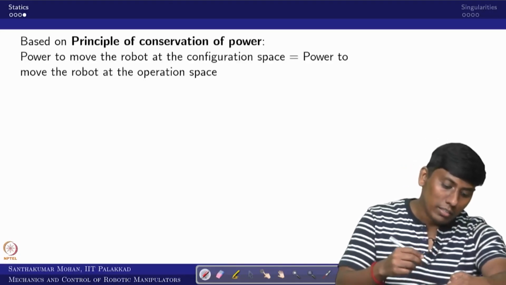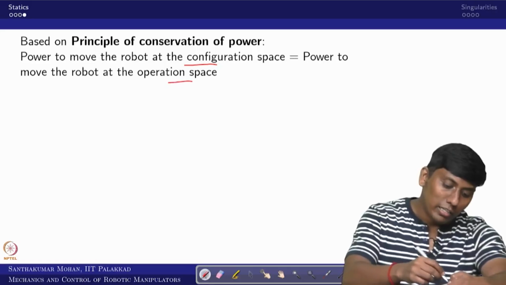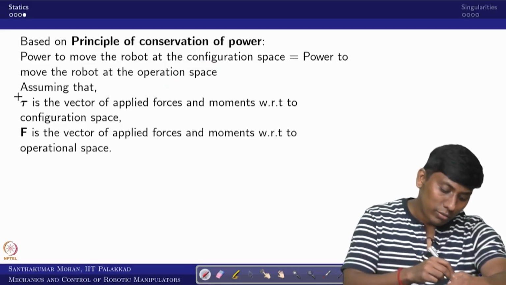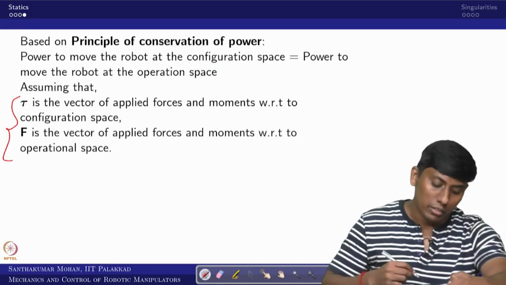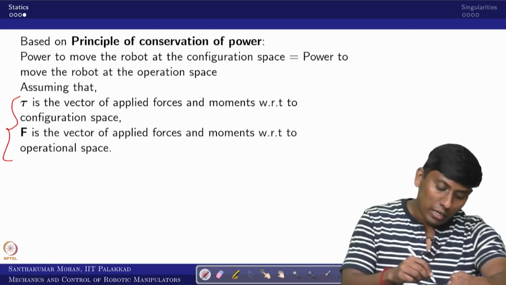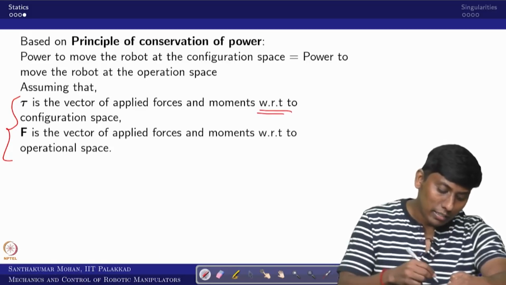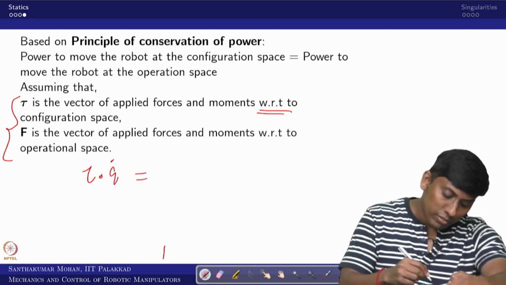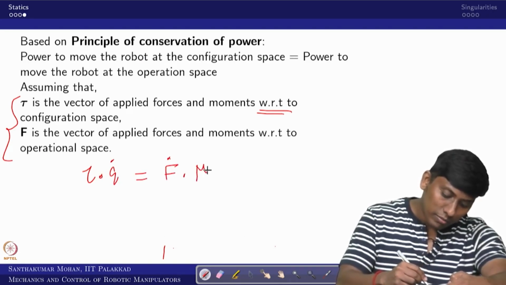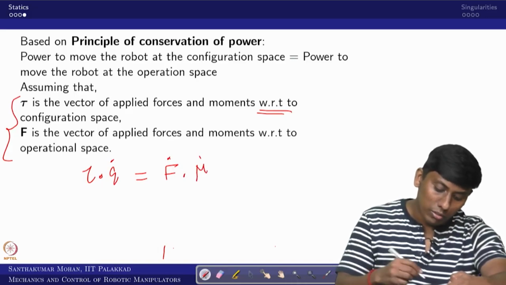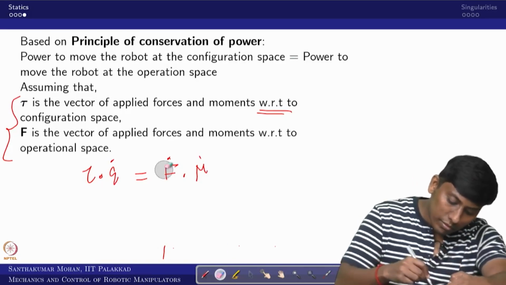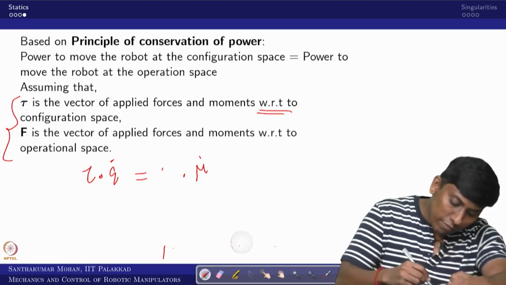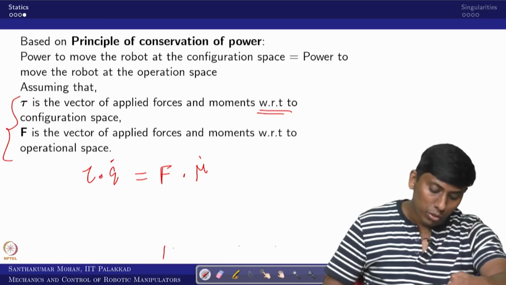So we can write that as a dot product: tau dot q dot equals f dot mu dot.